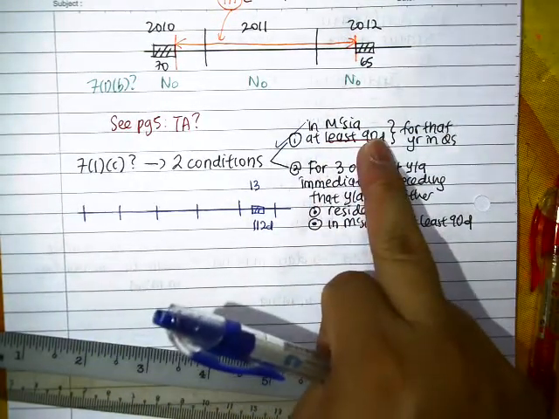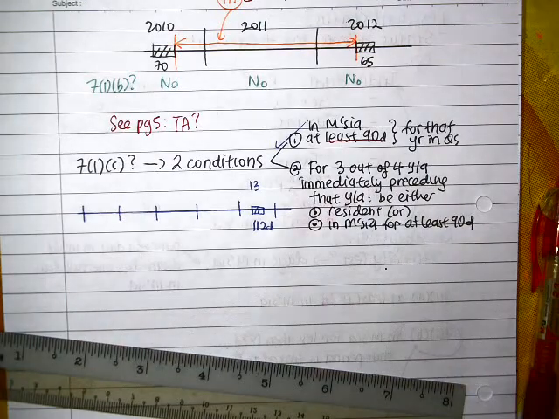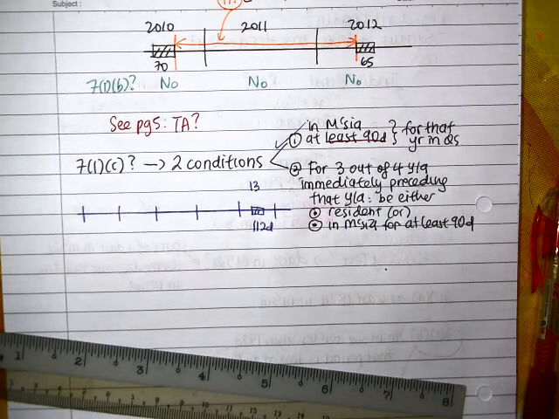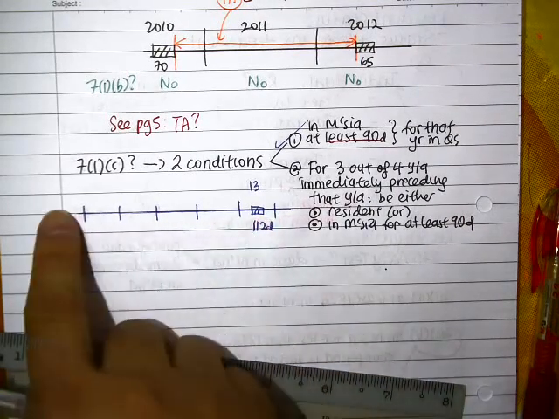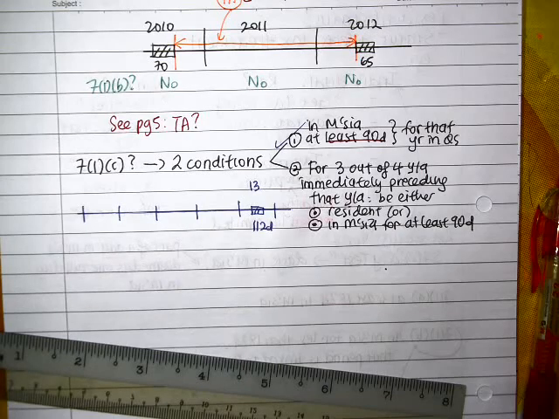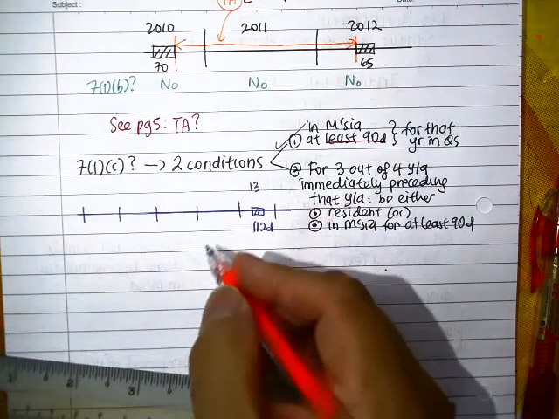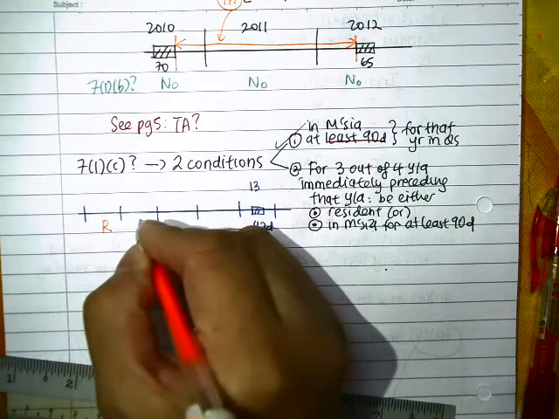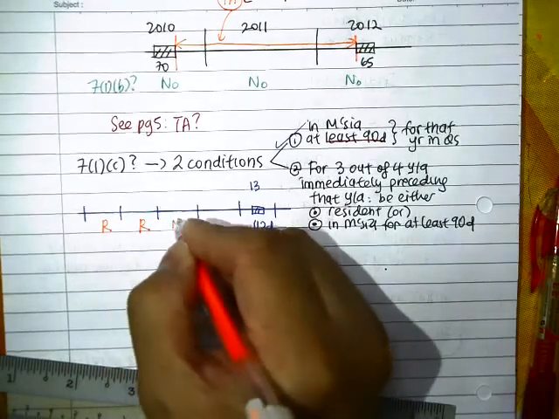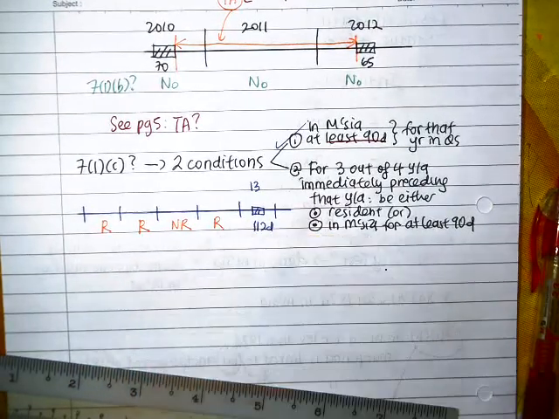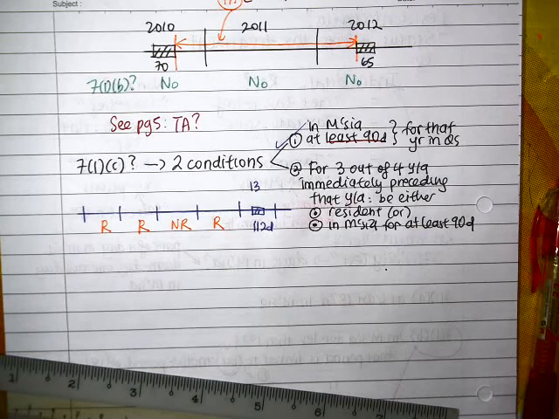Now once first condition fulfilled, they look for the 3 out of 4. So how do you look for 3 out of 4? Look at the last 4 years. Look for the resident status. Now if let's say the last 4 years that we see here, we have resident, resident, non-resident, resident. Now will you be resident in this case? Yes. Okay, so in this case you have 3 out of 4.